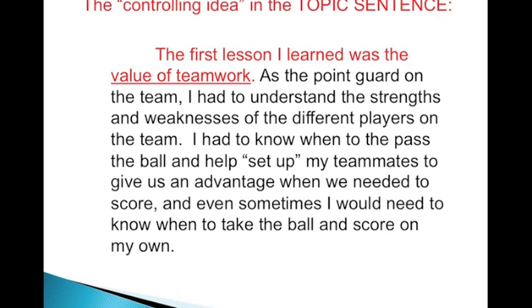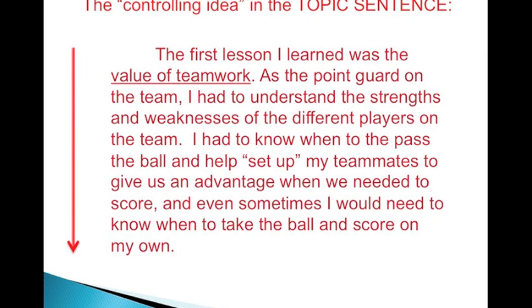So again, let's go back for a moment and notice, and I've underlined what exactly that first lesson was. It was the value of teamwork. Well, notice how it's going to control the rest of the paragraph. So as we continue to read through the paragraph, notice how everything seems to relate to it. It's talking about being a point guard on a team, the strengths and weaknesses of the people on that team, and what you had to do on that team to get an advantage.